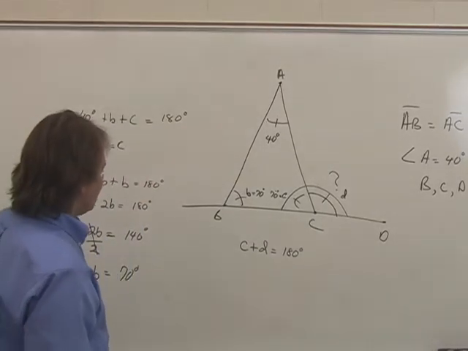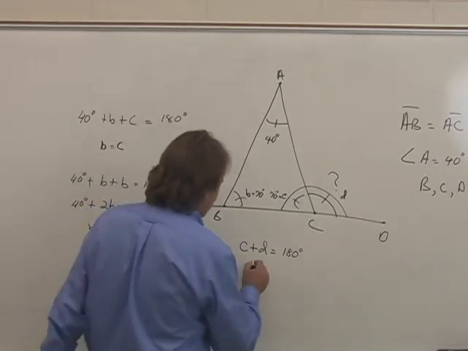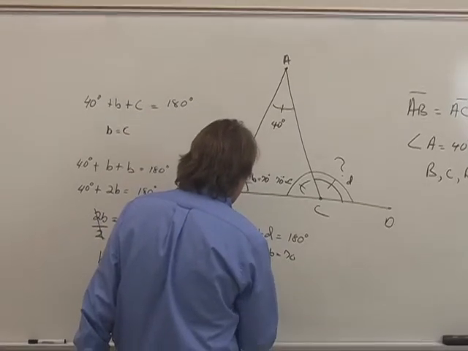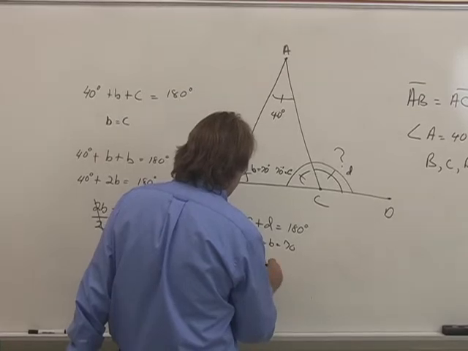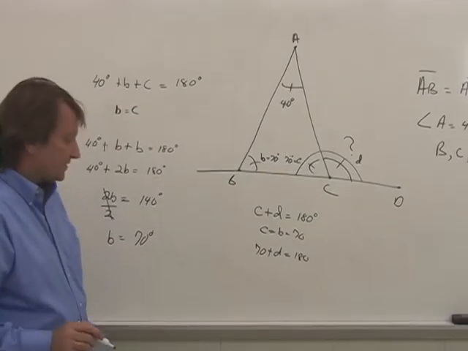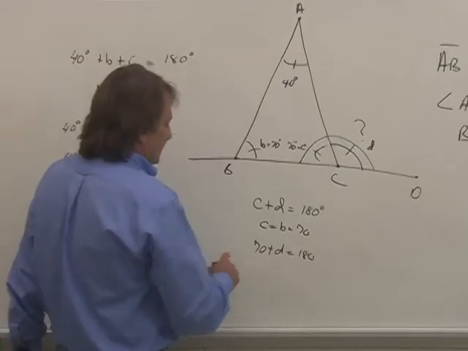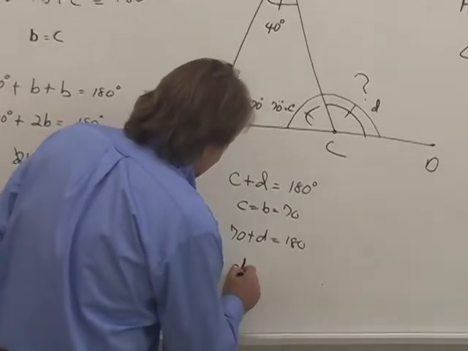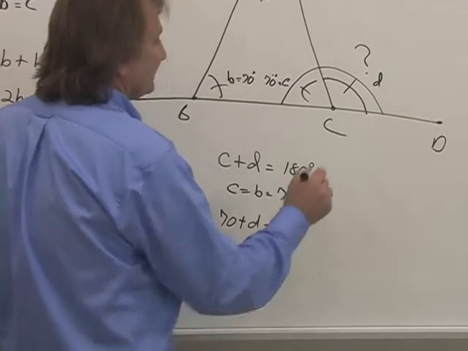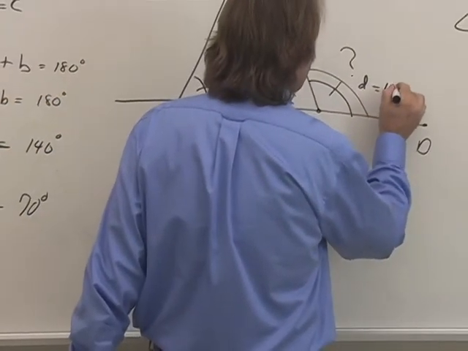So angle C is equal to angle B is equal to 70. So I would have 70 plus D is equal to 180. I want to solve this for D. So I'll subtract the 70 and I'll get that angle D is equal to 110 degrees. So this angle here is equal to 110.